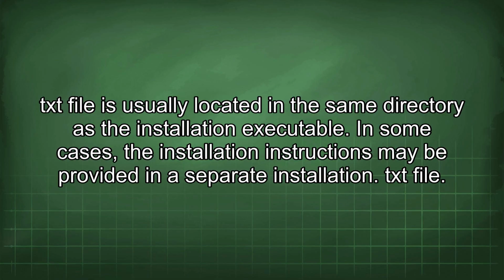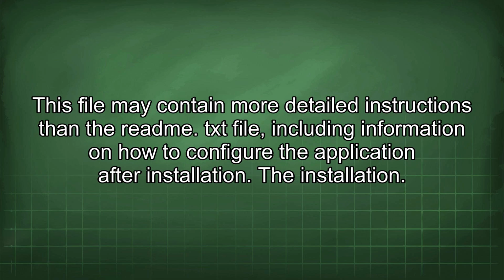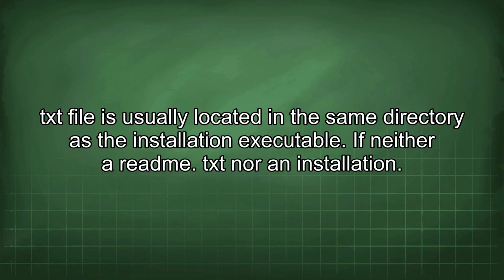In some cases, the installation instructions may be provided in a separate installation.txt file. This file may contain more detailed instructions than the readme.txt file, including information on how to configure the application after installation. The installation.txt file is usually located in the same directory as the installation executable.